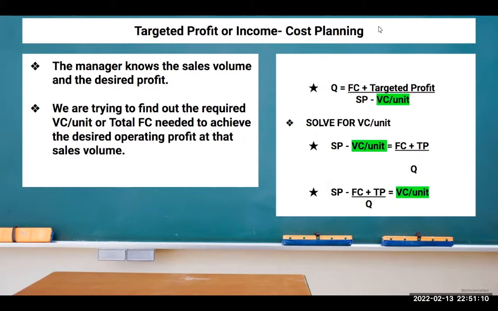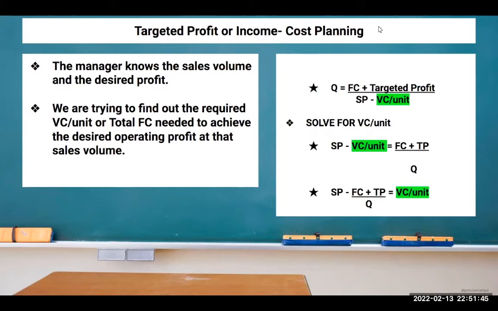And we notice that there's another aspect of this equation here, targeted profit. So in a situation where we're trying to figure out how much we must sell for us to be able to cover our fixed cost and achieve a targeted profit, then the regular break-even formula changes from just fixed cost divided by contribution margin per unit to fixed cost plus targeted profit divided by contribution margin per unit.